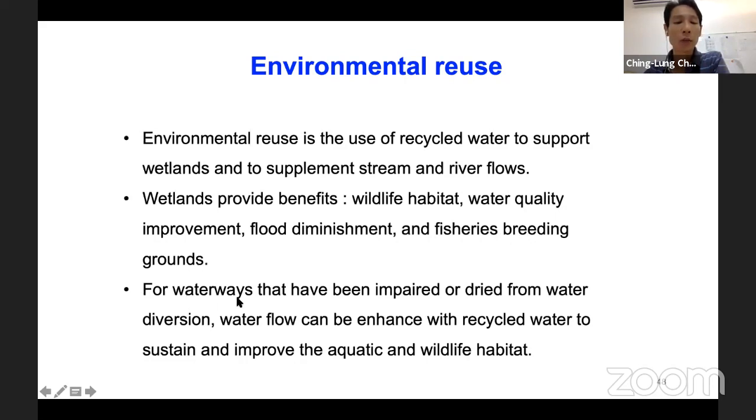For waterways that have been impaired or dried from water diversion, water flow can be enhanced with recycled water to sustain and improve the aquatic and wildlife habitat.